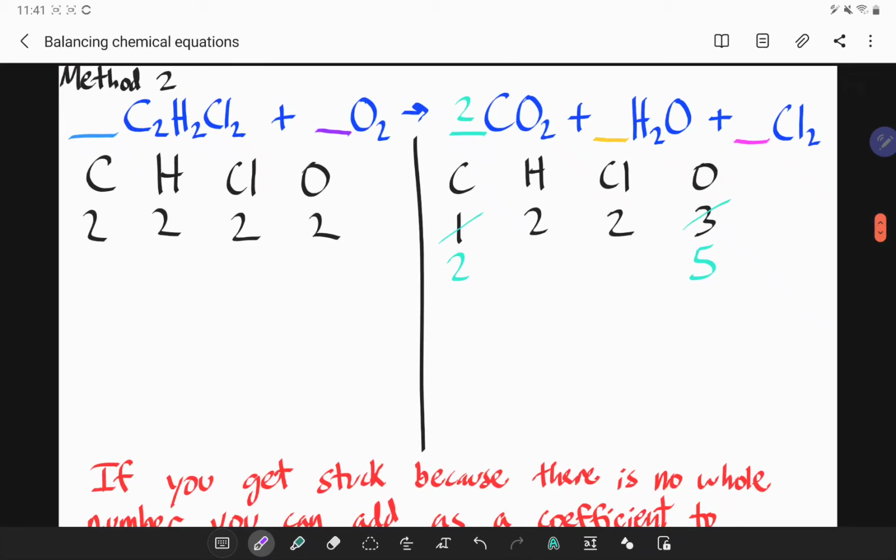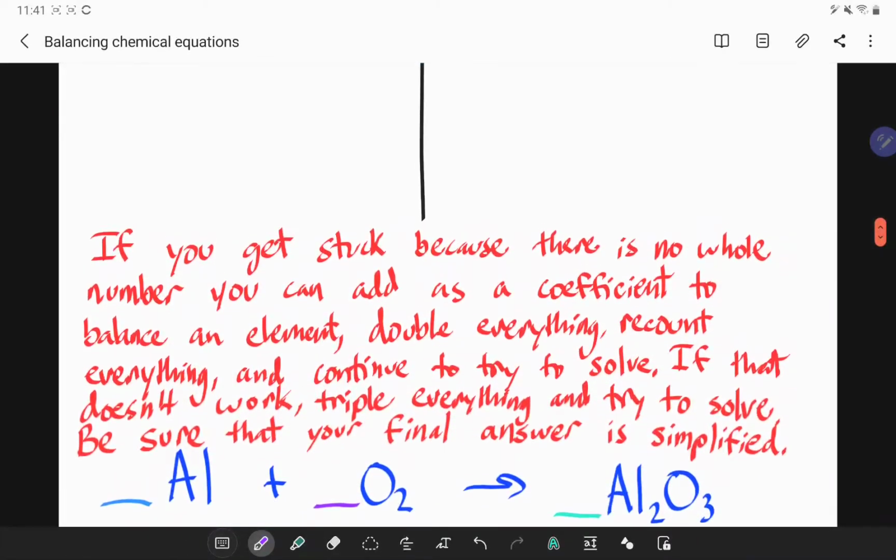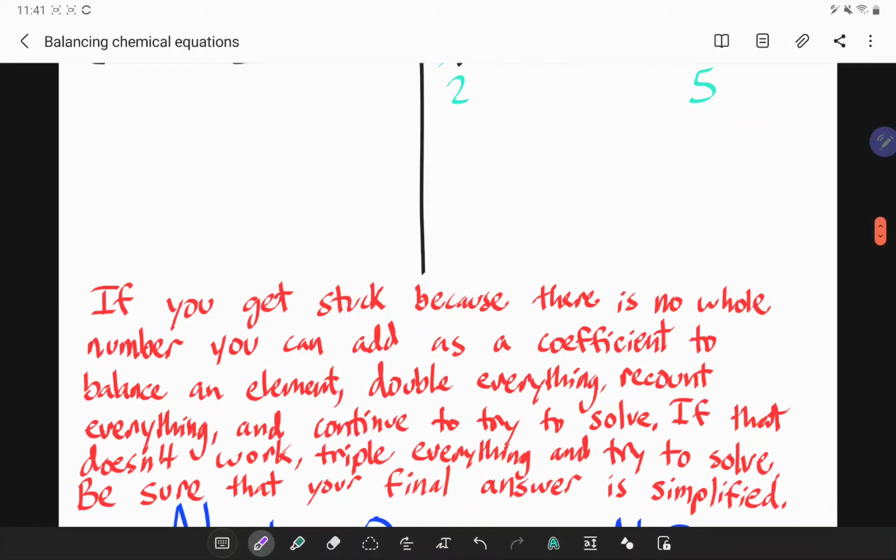What we are going to do is follow these directions. If you get stuck because there is no whole number you can add as a coefficient to balance an element, double everything, recount everything, and continue to try to solve. If that doesn't work, triple everything and try to solve.